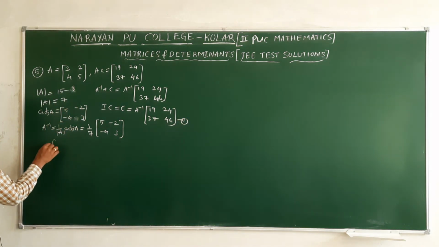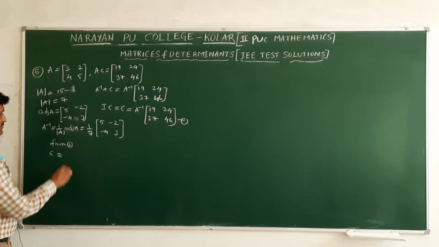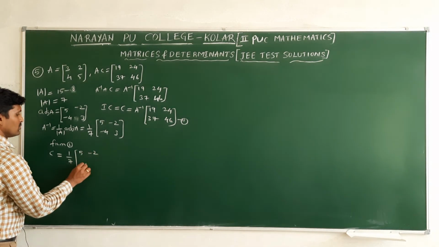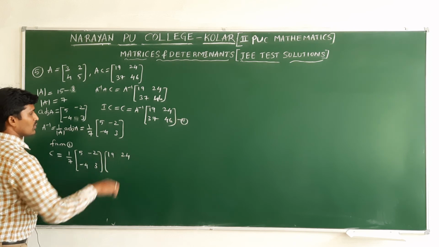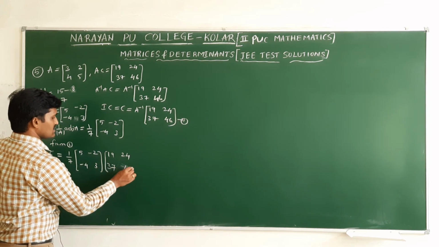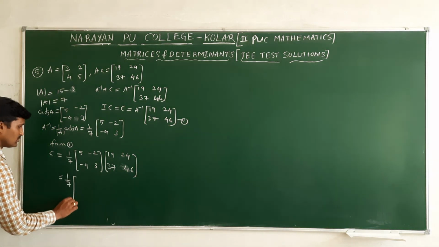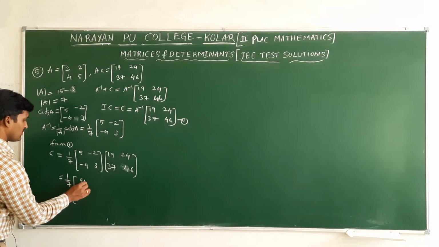Take equation number 1, that is from 1, C equal to A inverse. What is A inverse? 1 by 7 into 5, minus 2, minus 4, 3 into 19, 24, 37, 46. 1 by 7 into 5 into 19, how much? 95.